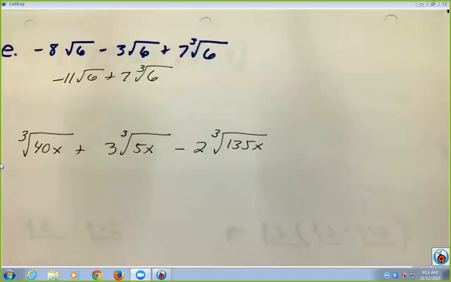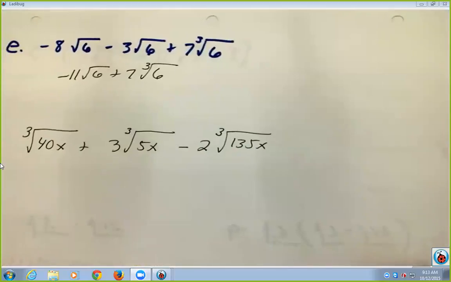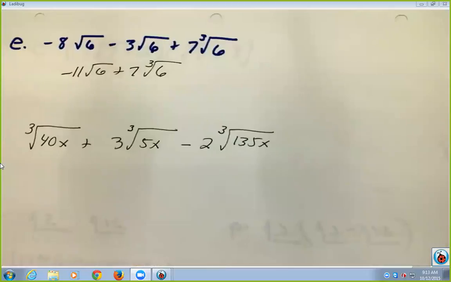So again, breaking them apart. So you get your x stuff in there, and breaking the 40 apart and breaking 135 apart to see if we can get anything out of those.